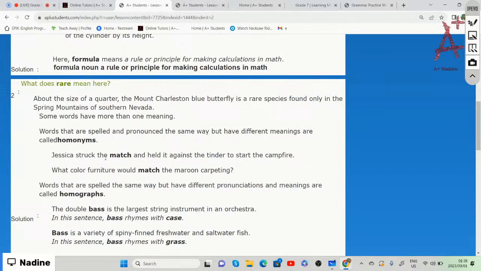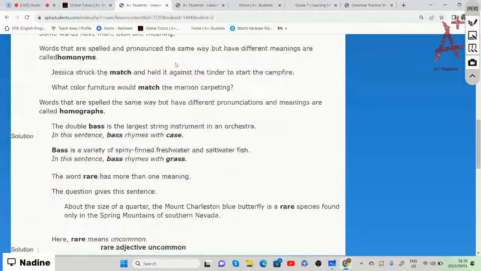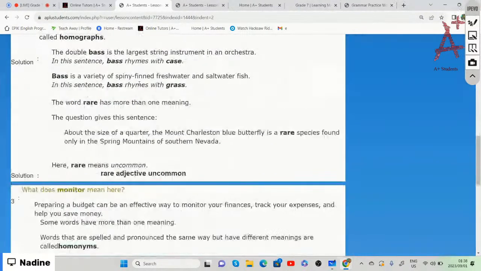All right. So now, what does rare mean here? So yeah, rare is uncommon, right?